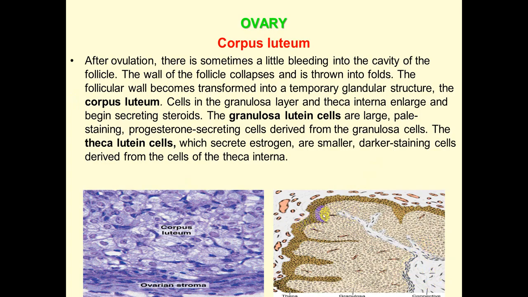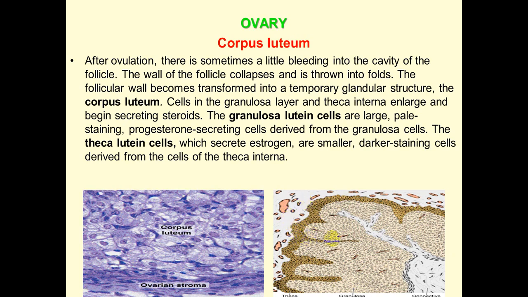And you can see that the layers of the theca and granulosa cells start to transform into other cells. These cells enlarge, proliferate, and begin to secrete steroid hormones.